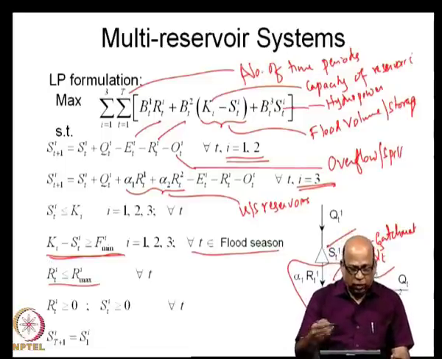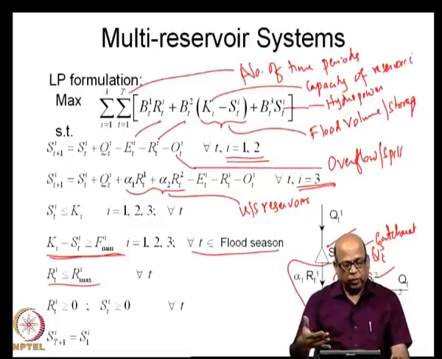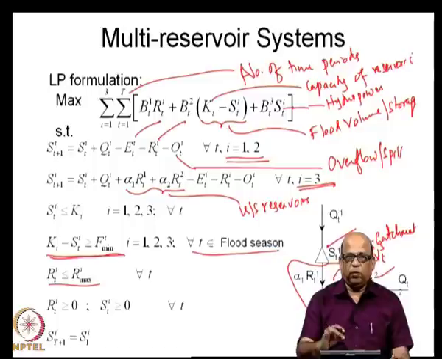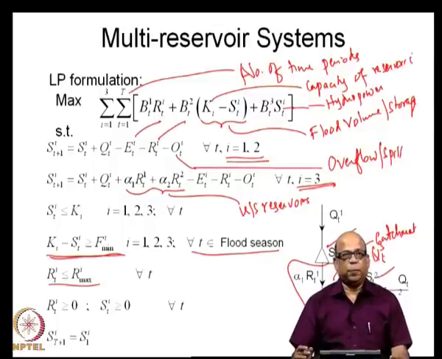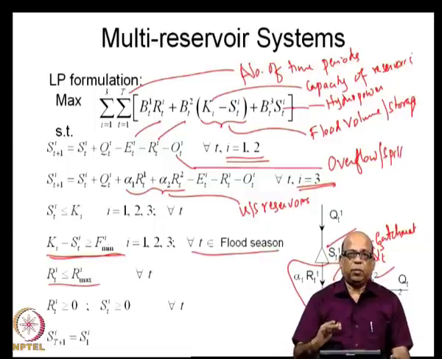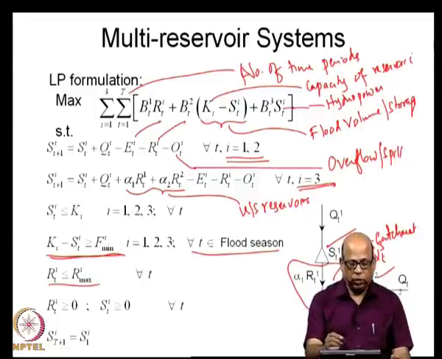Now, in this general form, you can add several details as you progress. So, we will just solve a simple example using this model, and then see how you can keep on adding details. For example, we said that the hydropower that is generated is a function of storage, and therefore, we associated the B3T with SIT itself.